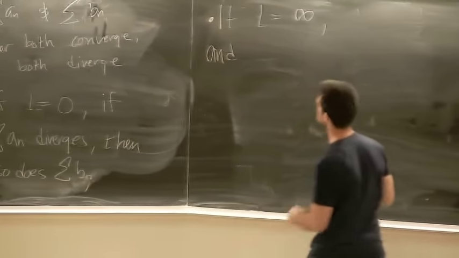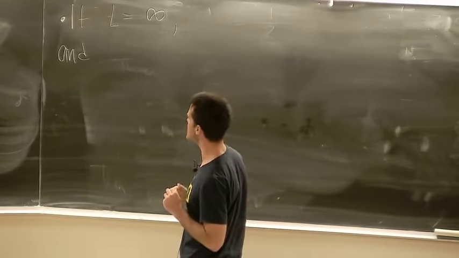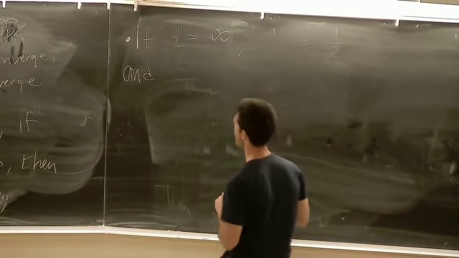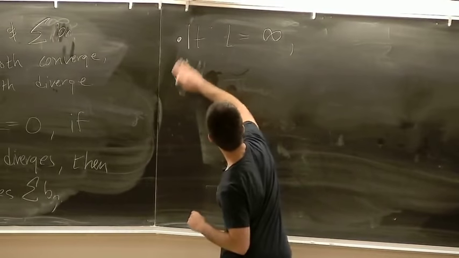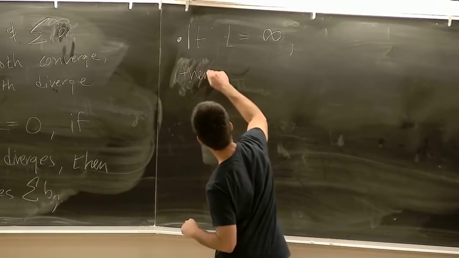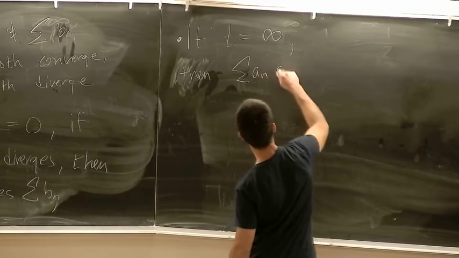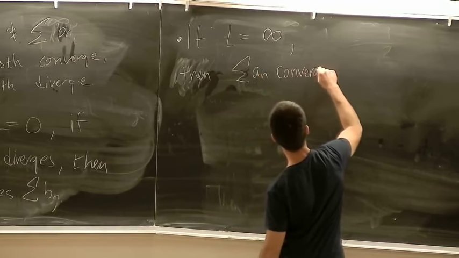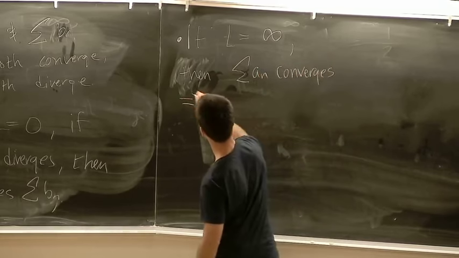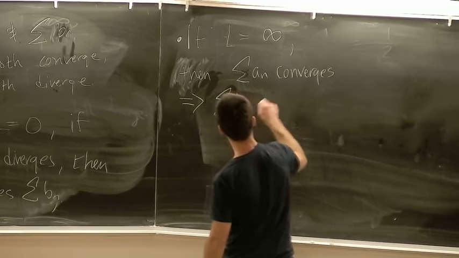That means AN is dominating BN. So if L is infinity, then BN converges implies AN converges.